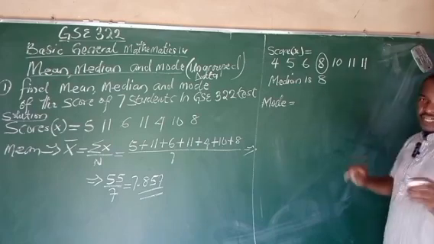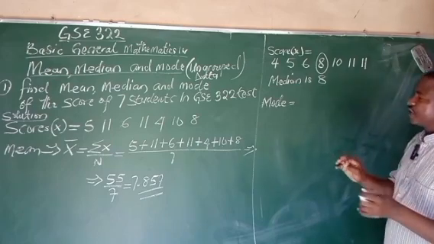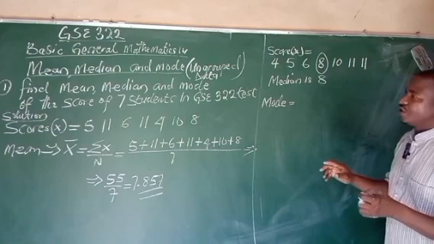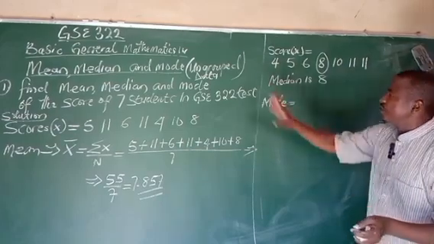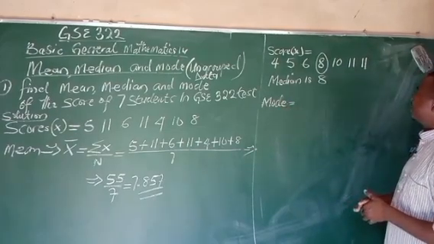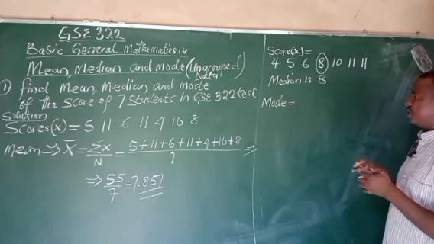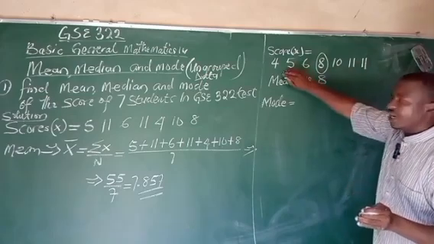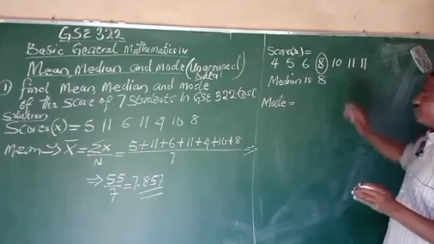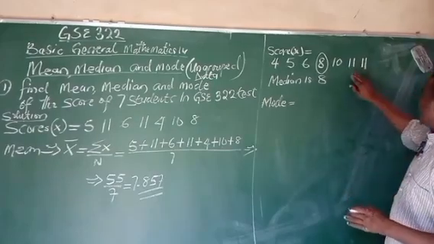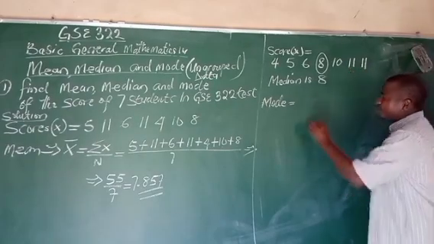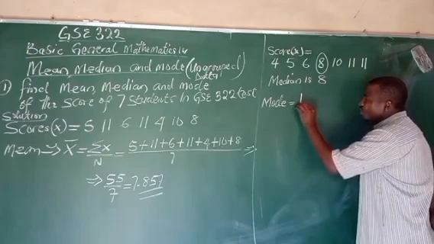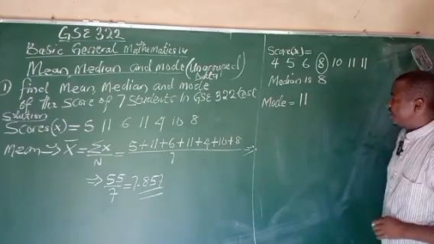The mode, as I told you, is the simplest and most straightforward measure of central tendency in ungrouped data, because it's just the value that repeats itself more than once. So when looking at these items, which value repeats itself more than once? It's only 11 that repeats itself more than once. Therefore, our mode is 11.